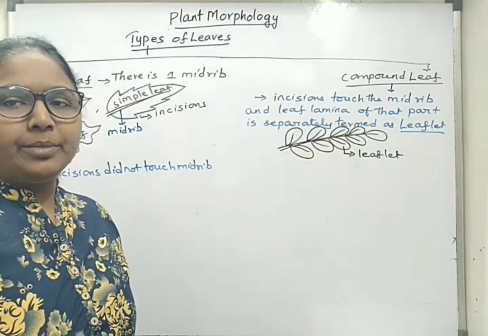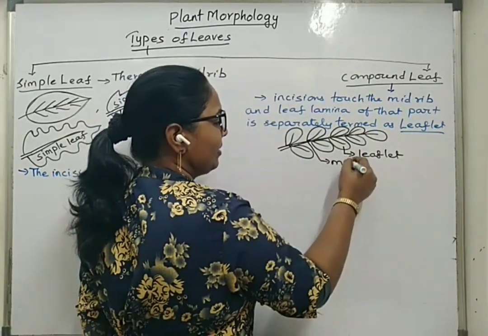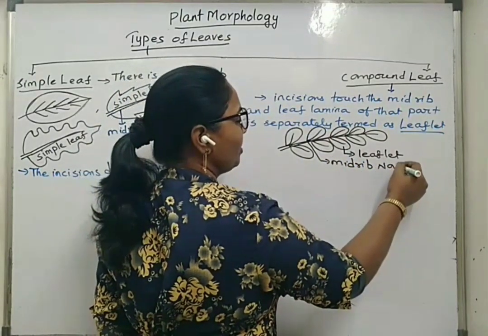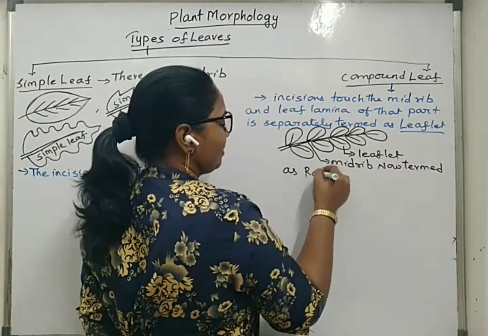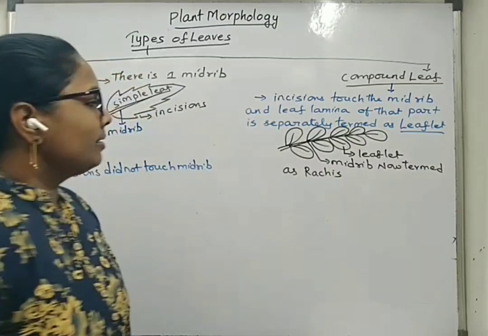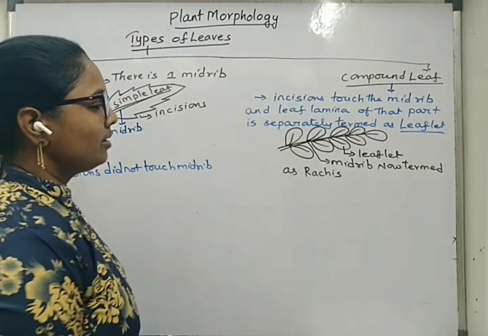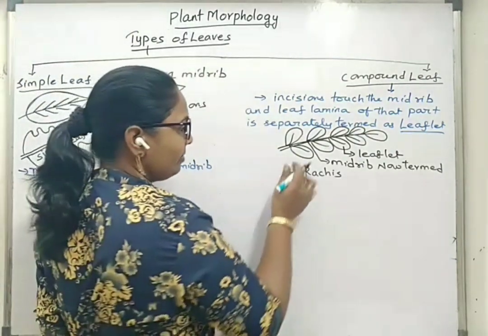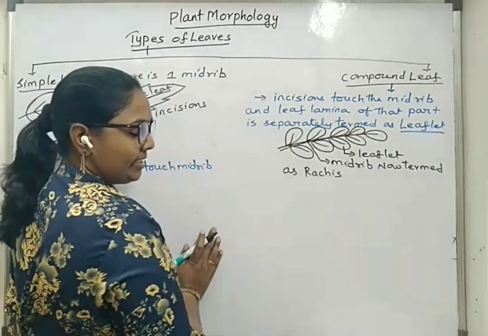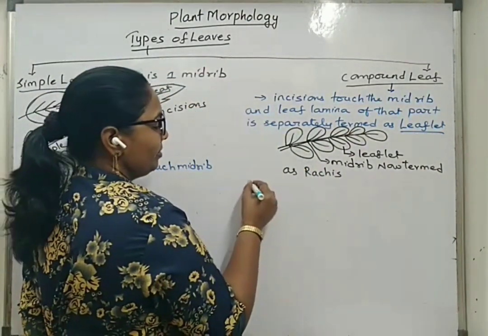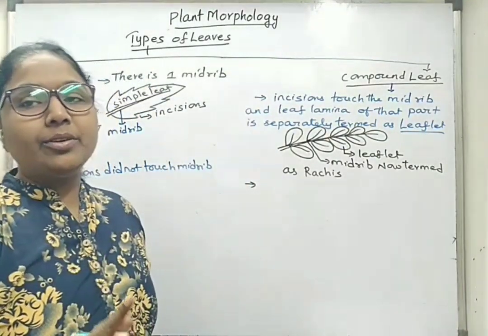Instead of midrib, we are calling it rachis, because here the lamina got separated. These leaf lamina differentiated parts are termed as leaflets. So now we can say there is only one midrib. So these are simple unicostate leaves.